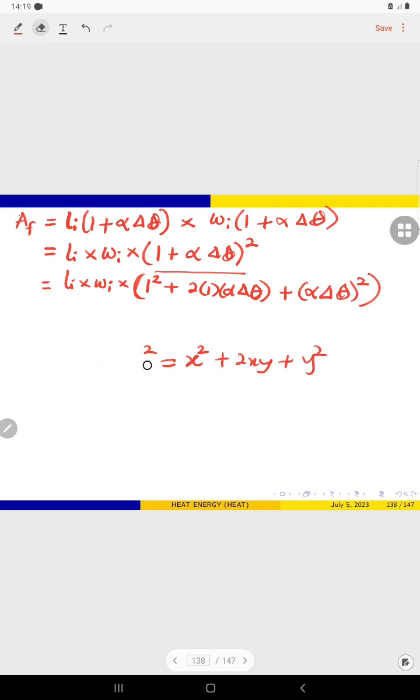So that is what I'll get. Let me put this in square brackets to differentiate this. So we get something like this, right?